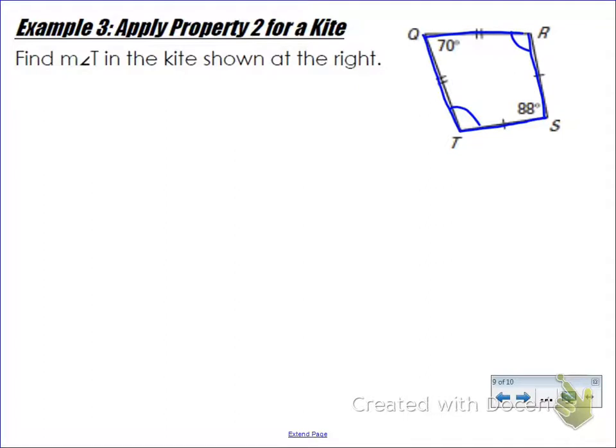So if you don't know what these angles are, we'll just go ahead and call them X. But if angle T is X, angle R is also going to be X. We know that all quadrilaterals add up to 360 degrees. So I'm going to take all my angles, X plus the two angles that I do know, 70 and 88, and set them equal to 360 degrees.